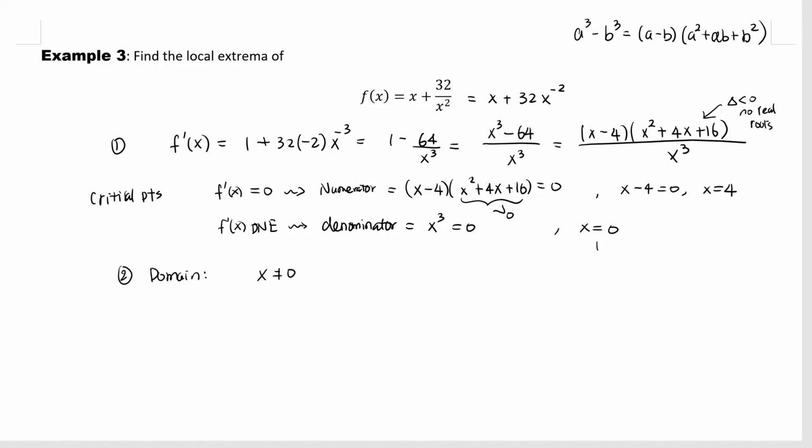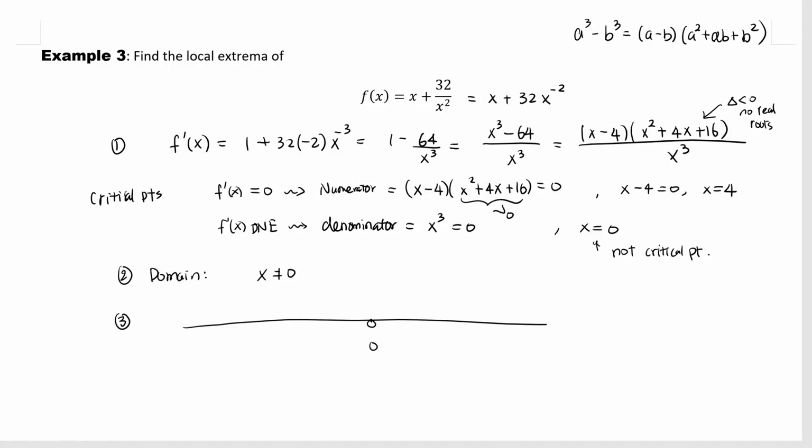Oops, so this is actually not a critical point. When we draw the diagram, remember we draw the domain. So x cannot be 0.